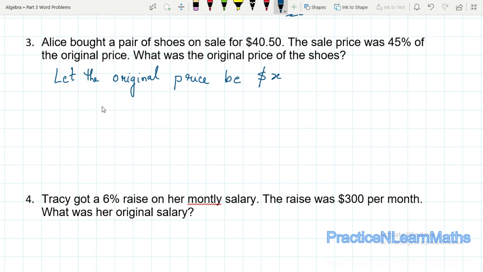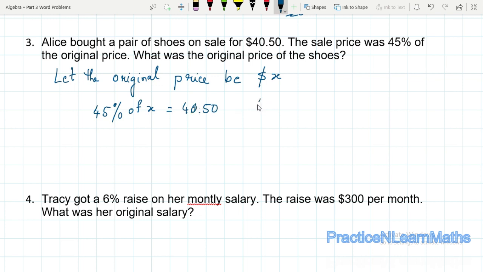Okay, so we find that 45% of original price is equal to 40.50.